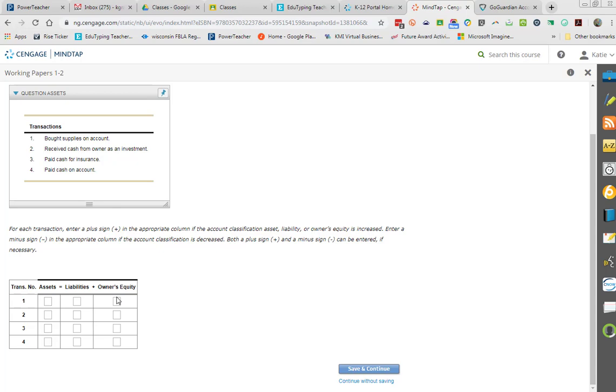So the first thing that you have to realize when you bought supplies on an account is we have to have two accounts. Justin, can you give me one account when you bought supplies on an account? So if we read this transaction, there is an account title in that sentence that we used yesterday.